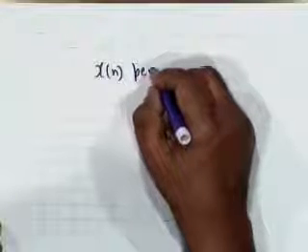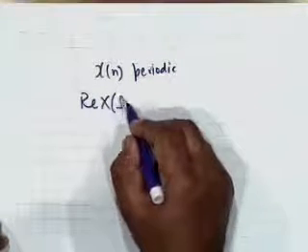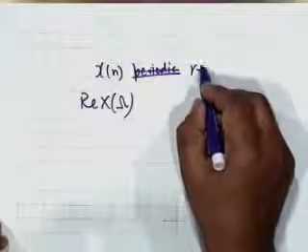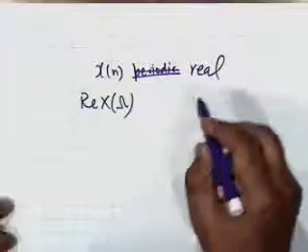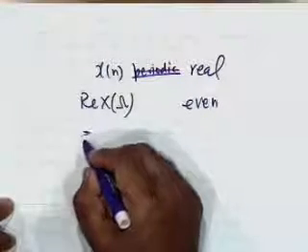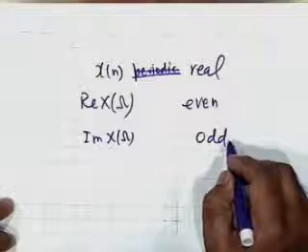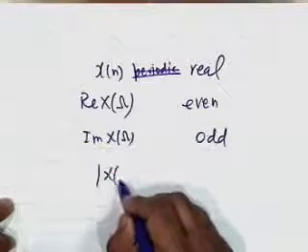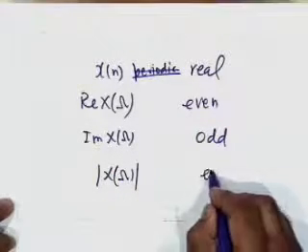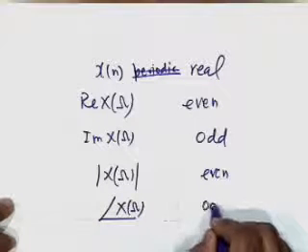We also know that if x of n is real, then the real part of capital X of omega is even, the imaginary part of X of omega is odd, the magnitude is even, and the angle is odd.